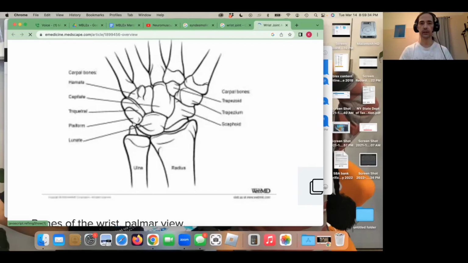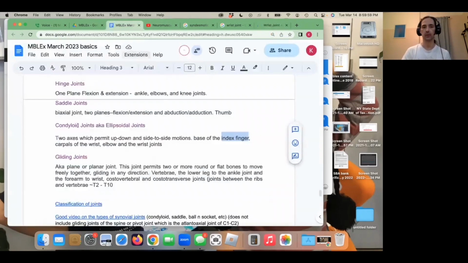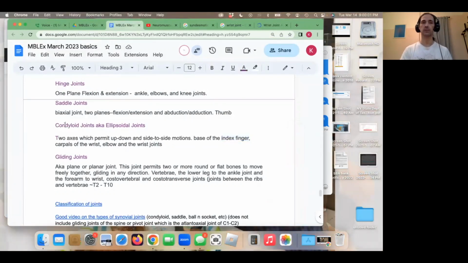And these carpals all together are like an ellipse-shaped ball. A ball is round like a sphere, an ellipse is more oblong, like an oval, right? So these are shaped like an oval on top, and this is shaped like an oval-shaped socket. Ellipse or condyloid. I'll see the word condyloid used predominantly.